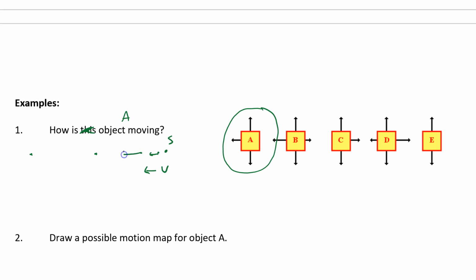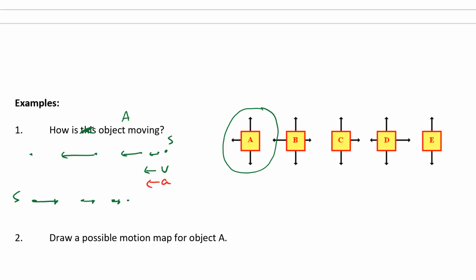Here, I'll draw a couple of velocity ones. But if it starts moving the other direction, it could be moving in the other direction, slowing down. In both cases, it would be accelerating to the left.